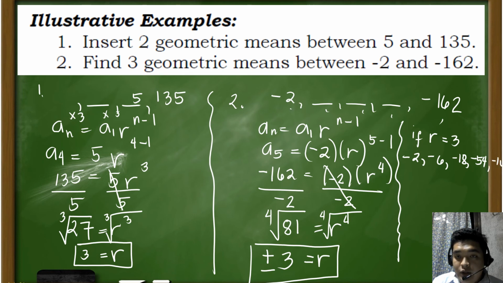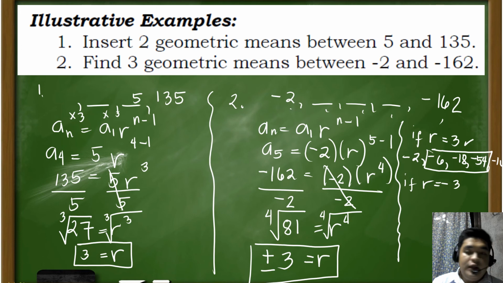So therefore our 3 geometric means if r is 3 are negative 6, negative 18, and negative 54. So what if r is negative 3?